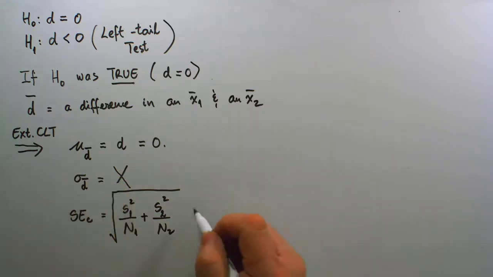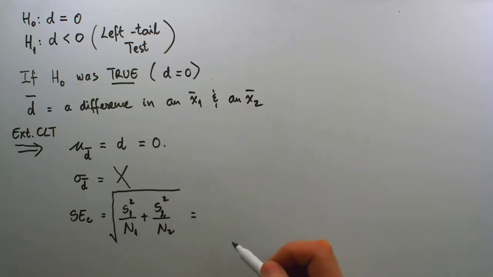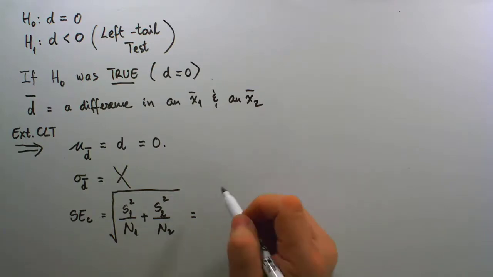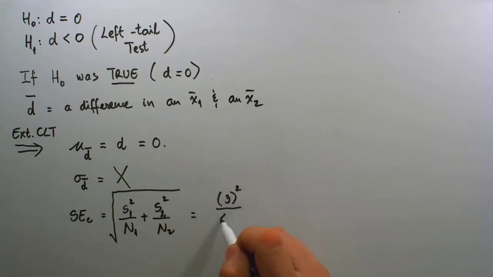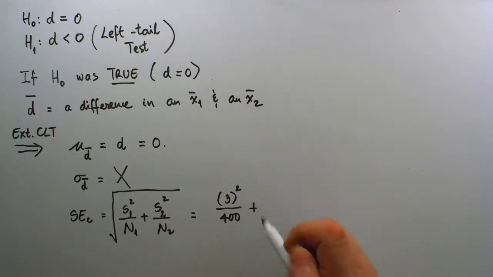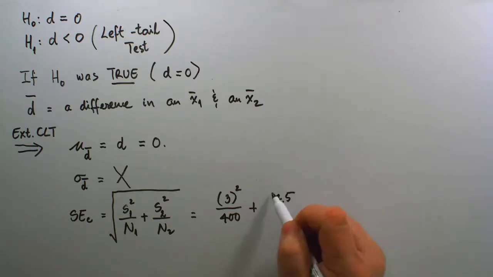And so now with this setup right here, we can actually calculate the actual value. We have already found that S1 is 3. So we go 3 squared over 400 for a sample size n1, plus 4.5 being S2, our sample standard deviation from population 2.